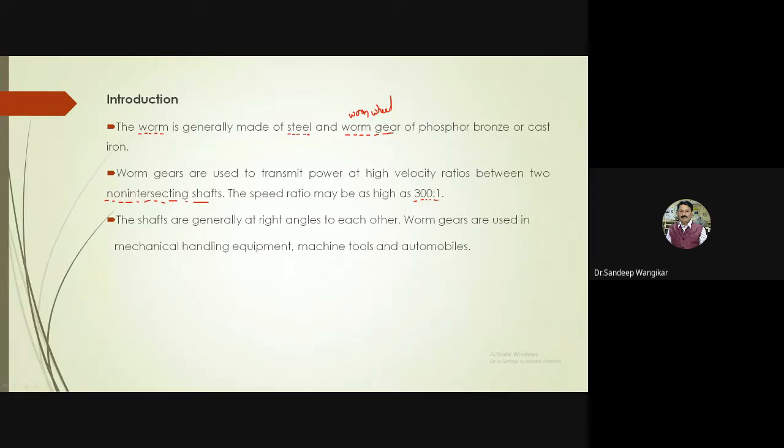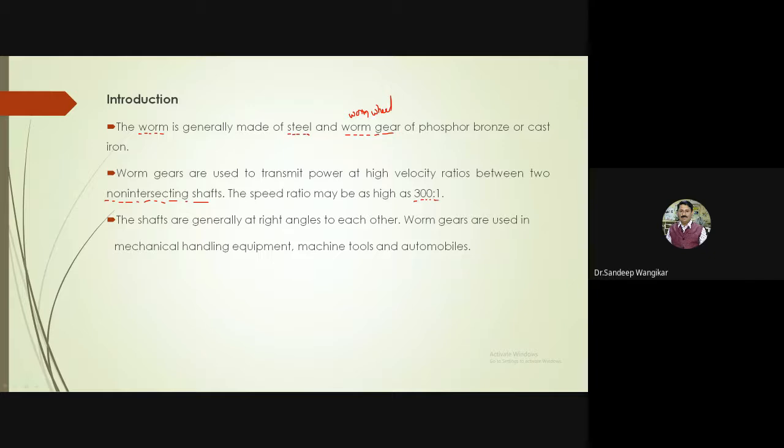Very high power at higher velocity ratio. The shafts are generally at right angle to each other.